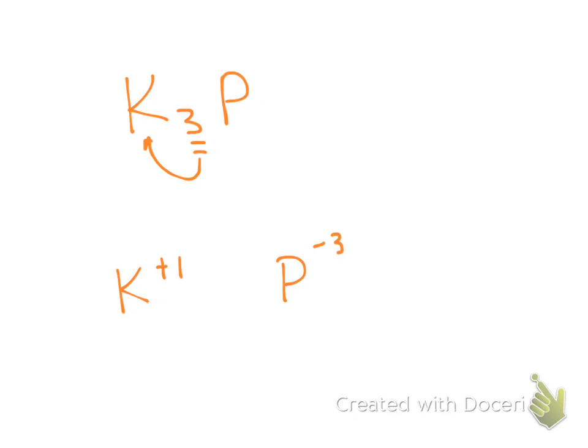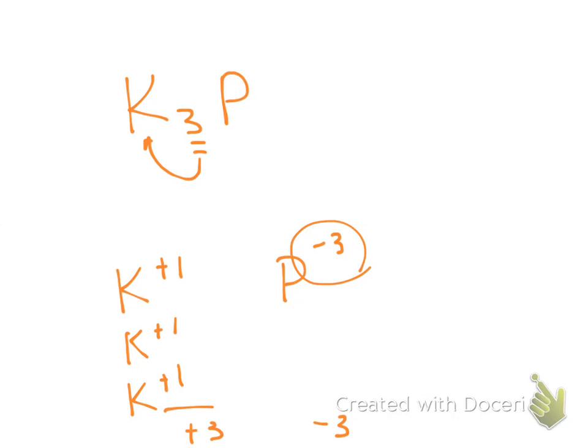So to get this even, I need 3 of these potassium atoms, right? +1, +1, +1 gives me a total of +3. And I only need 1 of these atoms because it's a -3. Okay, does that make sense? So it's not like the second one always gets a subscript. That's not a rule that we follow. Whatever one you need more than 1 of, that one needs to have a subscript.